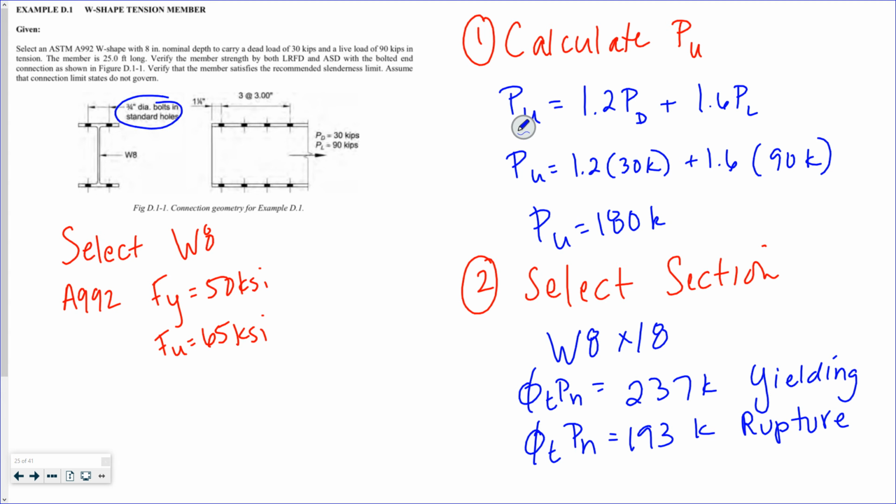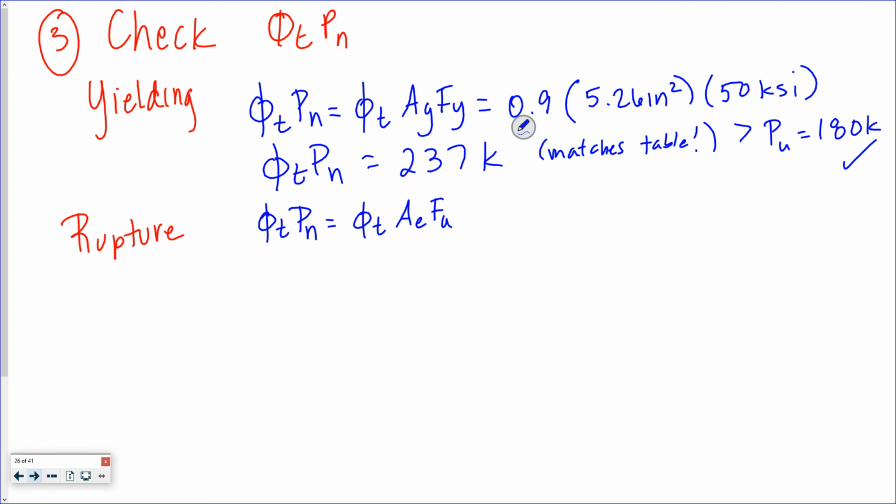3/4 inch diameter bolts in standard holes. So my diameter of my bolts is 3/4 inch.